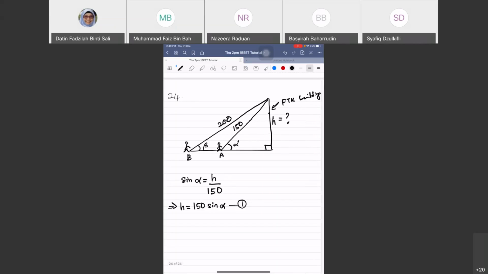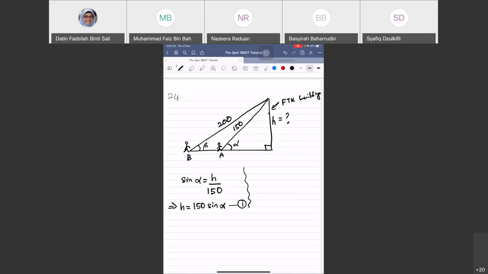Another equation: looking at the big triangle, you have 200, you have H, and you have angle beta.